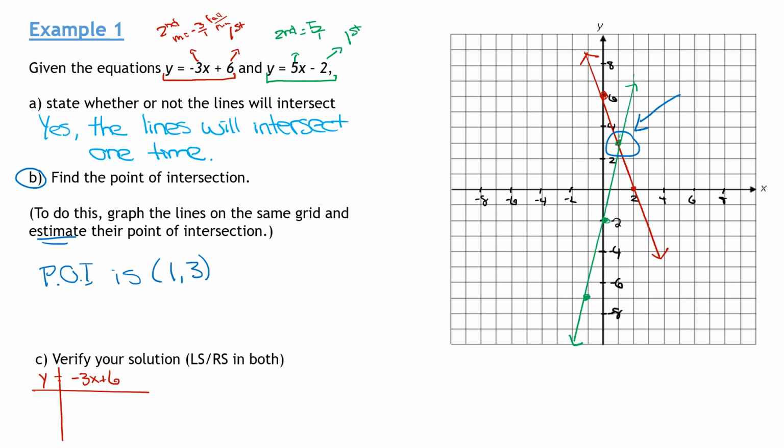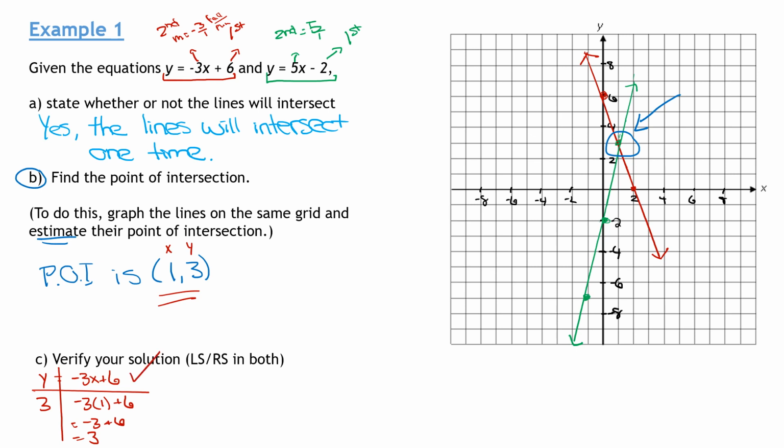So I'm checking this algebraically. So in for y, this 1 is x, 3 is y. I'm going to put a 3 here. Now negative 3, instead of x, I'm going to substitute in a 1, plus 6. That gives me negative 3 plus 6, which is 3. So that means the point 1, 3 is definitely on this line.